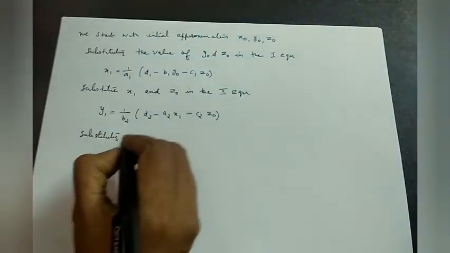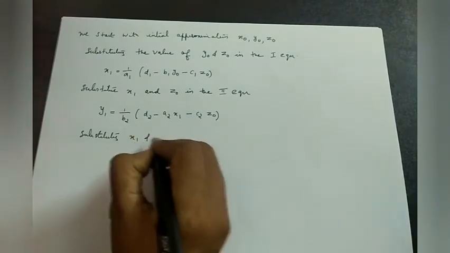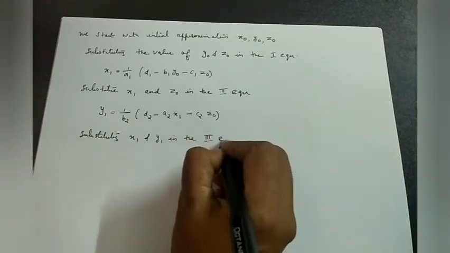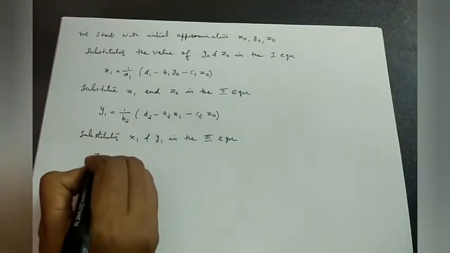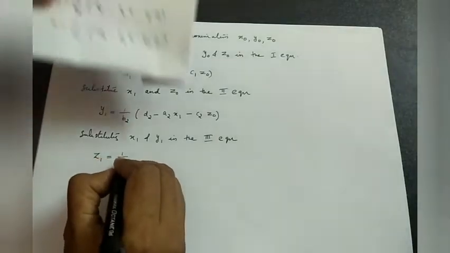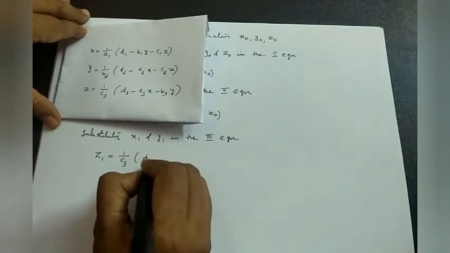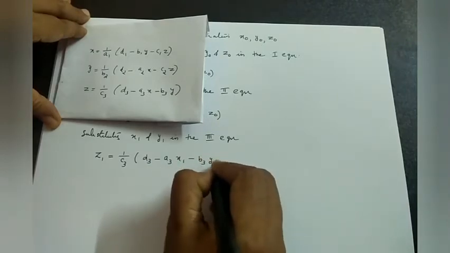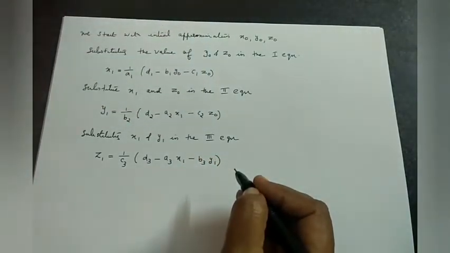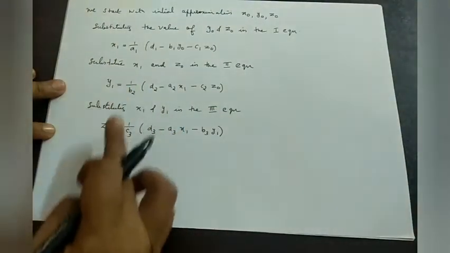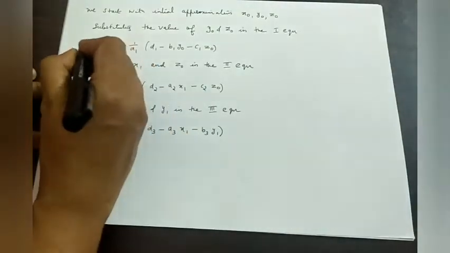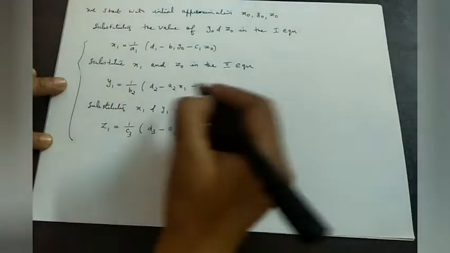Substituting x1 and y1 in the third equation, we get z1 as 1 by c3 into d3 minus a3x1 minus b3y1. Therefore here we get x1, y1 and z1, the other set of equations, and these set of equations are said to be the first iteration.